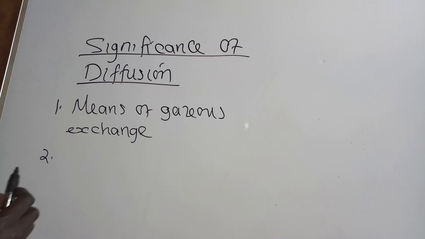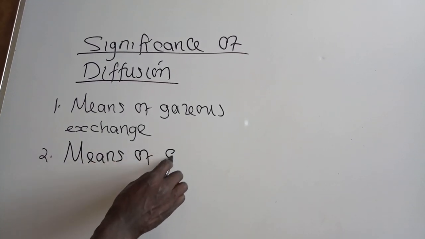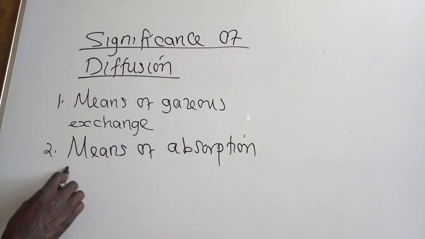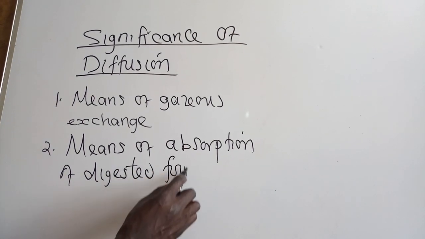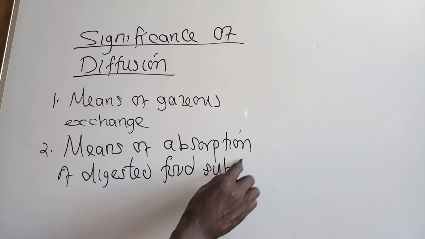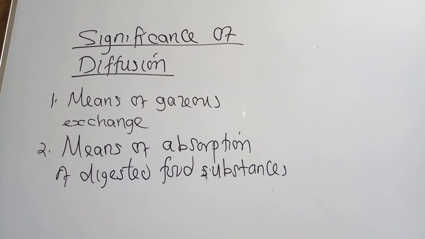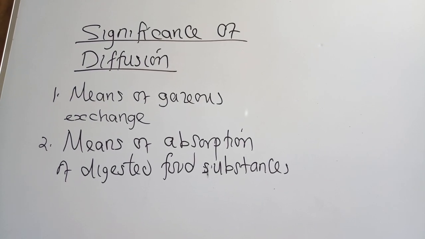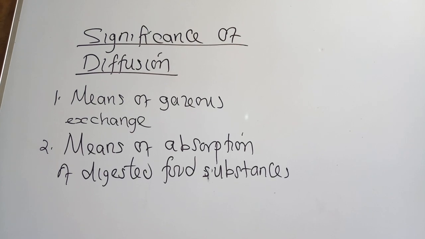Two, means of absorption of digested food substances. Once digestion has taken place within the stomach, duodenum, and finally in ileum, within the ileum is where we have villi and microvilli.